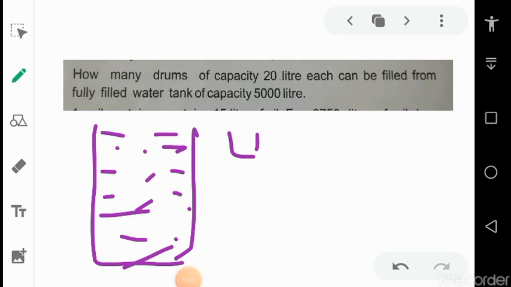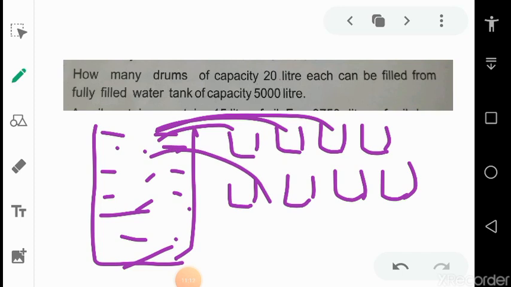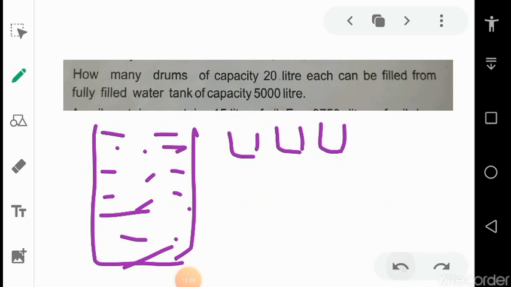Suppose these are the drums, but we don't know how many drums there are. If the water of this tank is transferred into all these drums, how many drums do we require? So obviously we will divide 5000 liter by 20 liter. I hope you are getting this question.